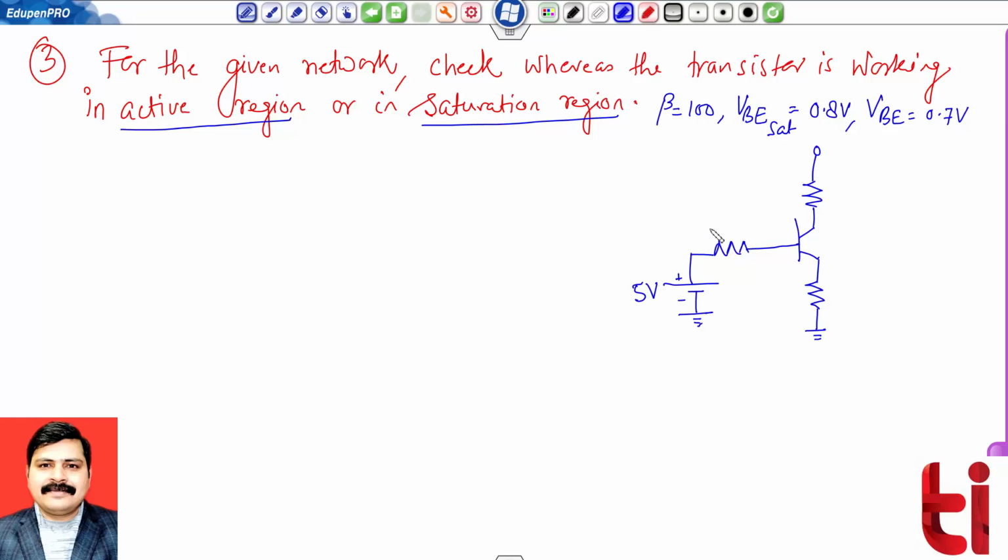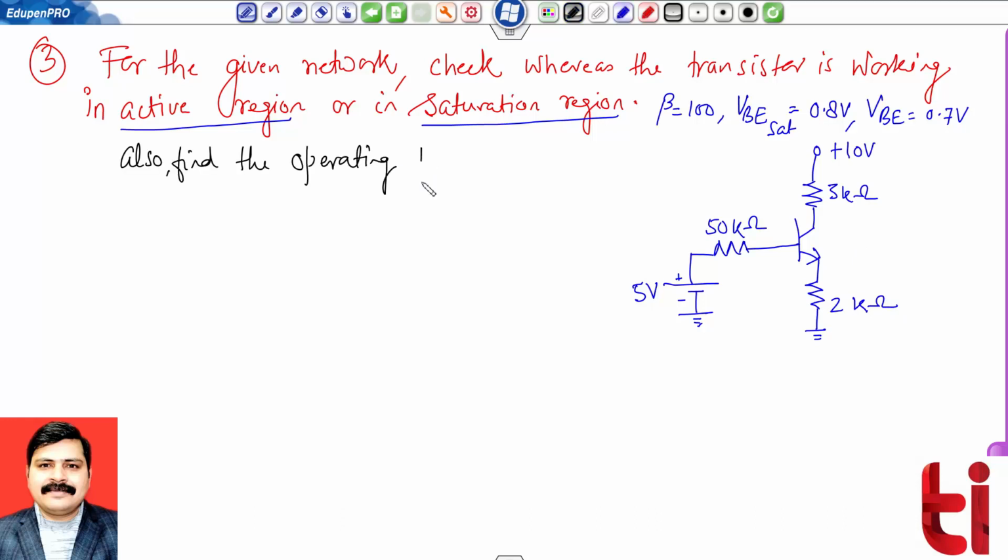The remaining values are given as 50 kilo ohm base resistance, an NPN transistor, VCC given as 10 volt, 3 kilo ohms, and emitter resistance given as 2 kilo ohms. So this is the given network.